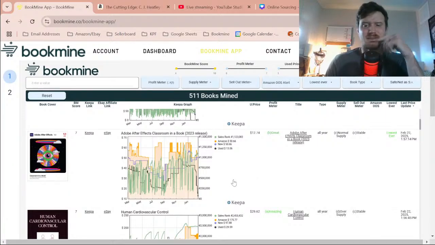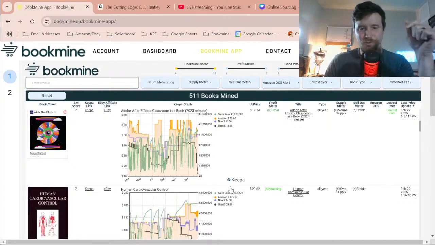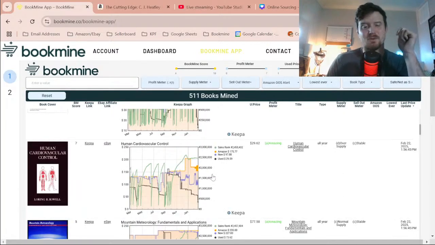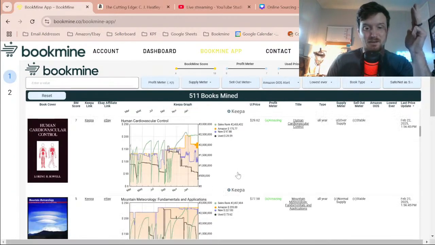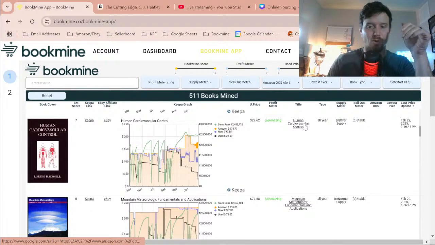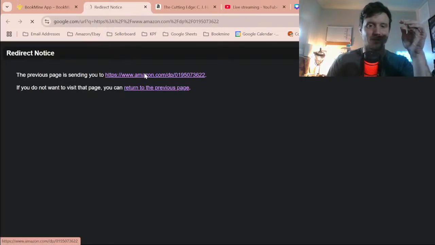No book is going to be completely 100%, where nothing's going to go wrong. Even if you've sold a book before, which has happened to me so many times, where I buy a book, it sells for an amazing price, I track it, I buy it again at an amazing price, and then I get it in, and then Amazon jumps on it or something, and the price just tanks hard and never recovers.